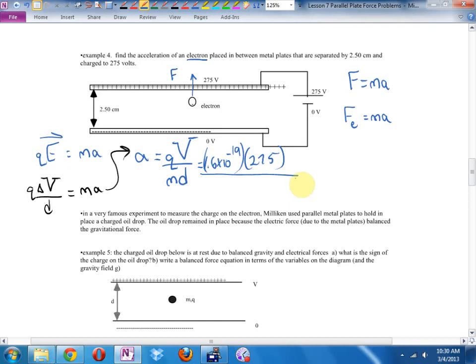Mass. It's an electron. 9.11 times 10 to the negative 31. You have that memorized? Or, oh, you looked? I have the 9.11 part memorized, but I can never remember the rest of it. Distance. Oh, don't say 2.5. Yeah, 0.025, because it's centimeters, right?